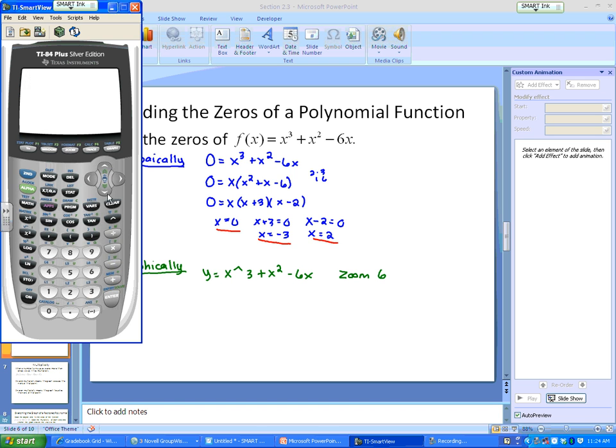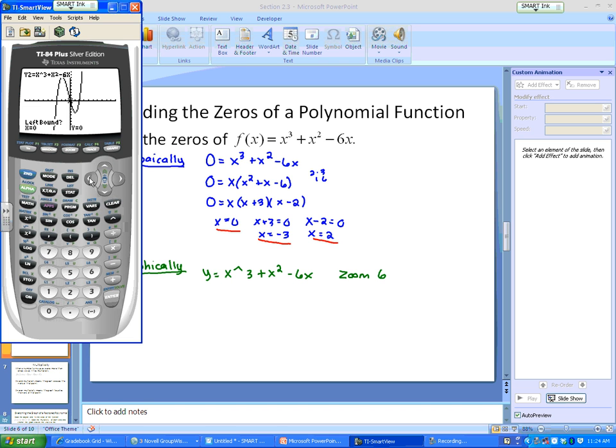And so I'm going to go ahead and zoom 6 to make sure I have a good window. And this actually is really a perfect window for me to graph, because I can say second trace, which is my calculate menu. I want to calculate the zeros.